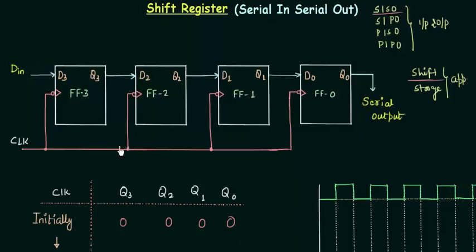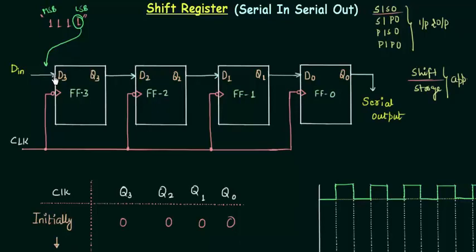I want to store the number 1111 in the shift register. What is my first step? The first step is to locate the LSB. Definitely 1 is my LSB and 1 is my MSB, and initially this LSB 1 is given as D3, and we will see what the outputs are for the first falling edge.